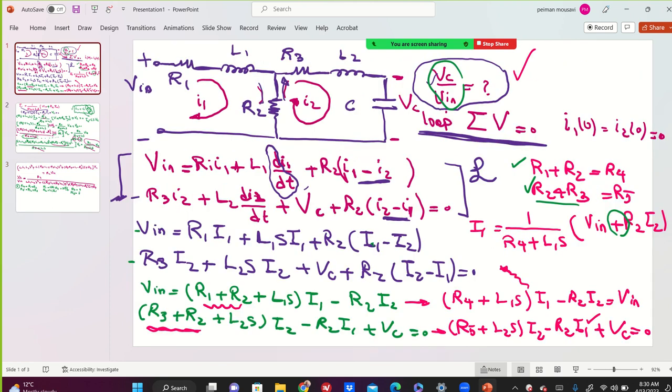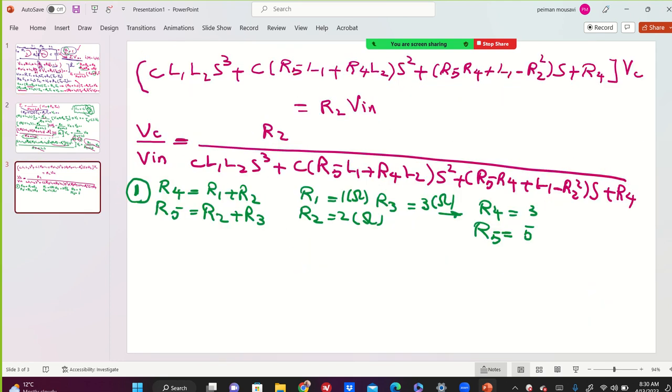See here? Okay. Then I select the C. Capacitance is, I don't know, 10 microfarad. And the L1 is, I don't know.